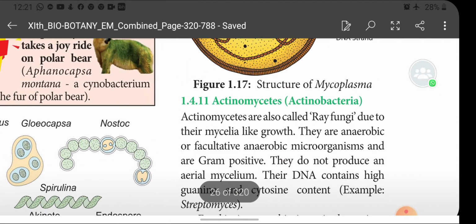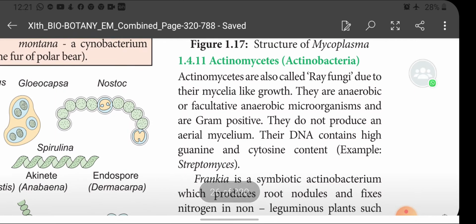Okay, next I'll start with actinomycetes. Actinomycetes are also called ray fungi due to their mycelia-like growth. It grows like a mycelium, hence it is called ray fungi. They are anaerobic or facultative anaerobic microorganisms and are gram positive. So mycoplasma is gram negative and actinomycetes are gram positive.